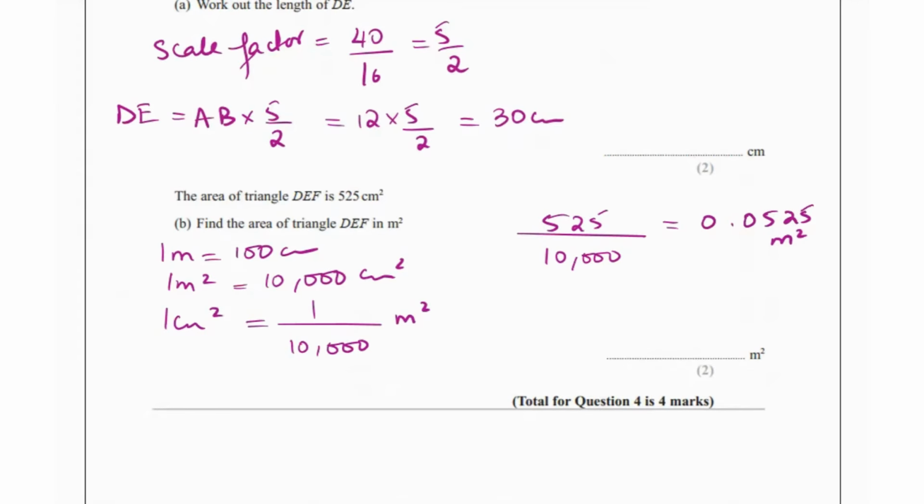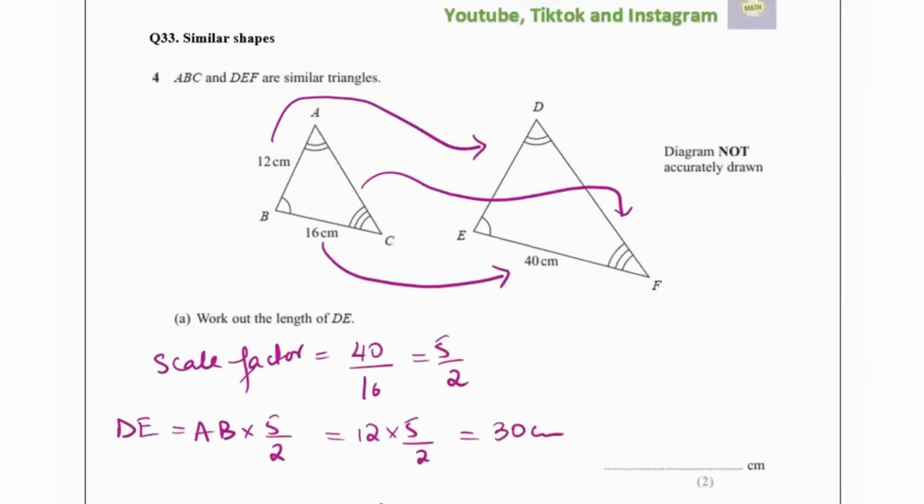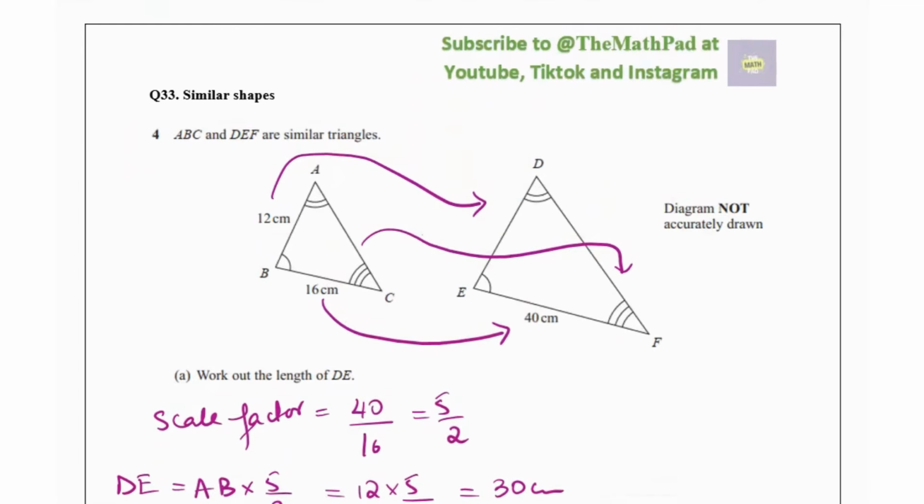Another thing I would like to highlight over here is that in case they give you a question for similar shapes where they're talking about the area or the volume, you need to know that when it's about the area, your length 1 over length 2 whole square equals area 1 over area 2. For area, you square your scale factor, or the ratio of lengths, and put it equal to the corresponding areas.